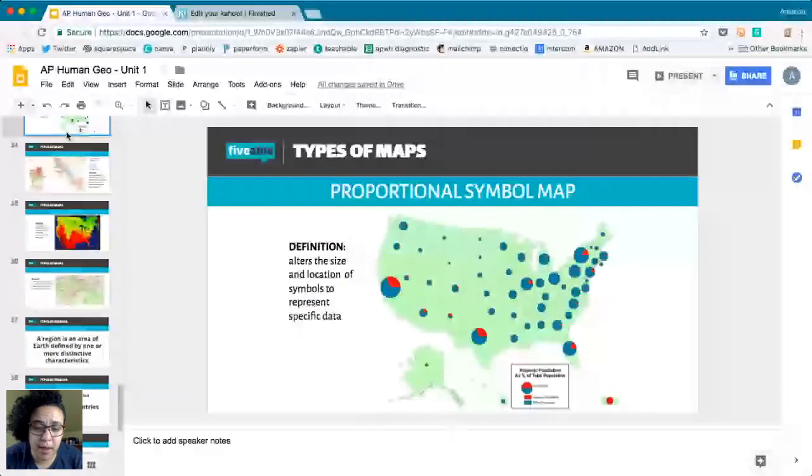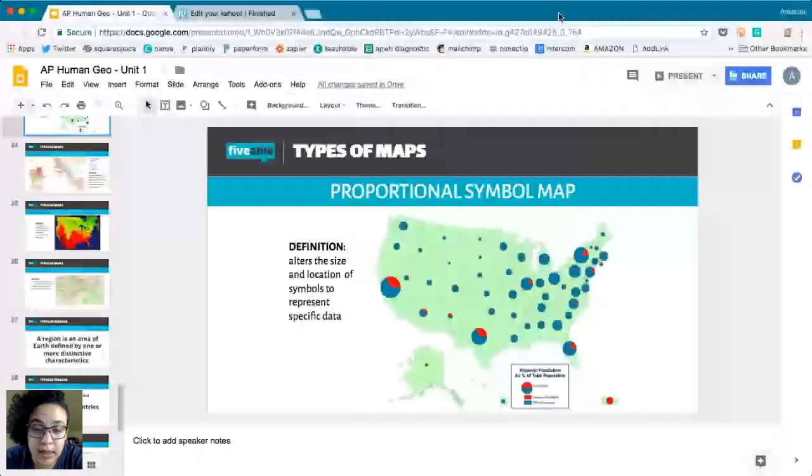This map is specifically showing you the Hispanic population as a percent of the total population. For example, for California, the blue is non-Hispanic and the red is Hispanic. So you can see that it's not just showing you how many Hispanic people live in each state. It's showing you, as it relates to the population of the state, how many are there.